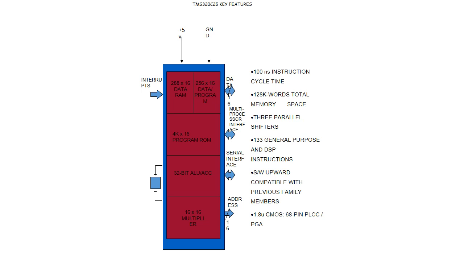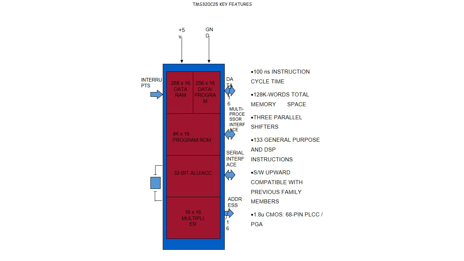After that, it is converted to the 4K x 16 program read-only memory. Then it is passed into the 32-bit ALU, the arithmetic logic unit, or stored in the accumulator. After that it is passed into the 16 x 16 multiplier, then given to the address 16. A serial interface is connected between the ALU and the accumulator.